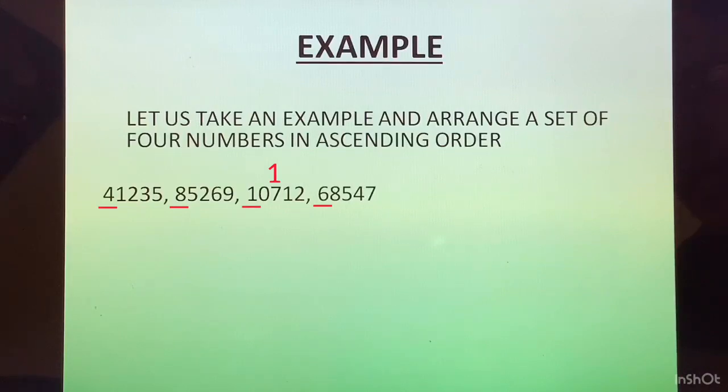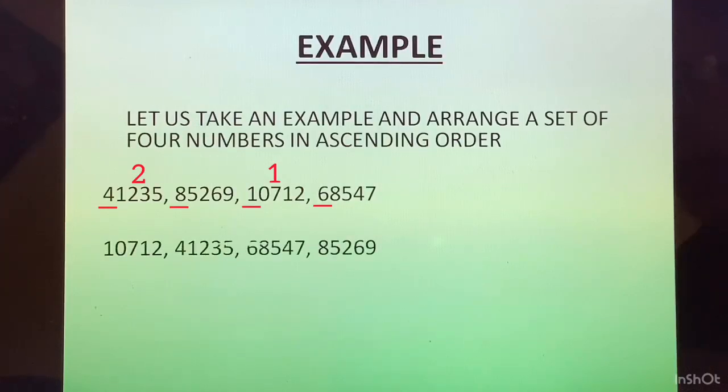After that, the next digit, that is the smallest, is 4. So we will write 41235. After that we have 6 as the next digit, 68547, and then we have 85269. So this gives us this arrangement of numbers in ascending order.